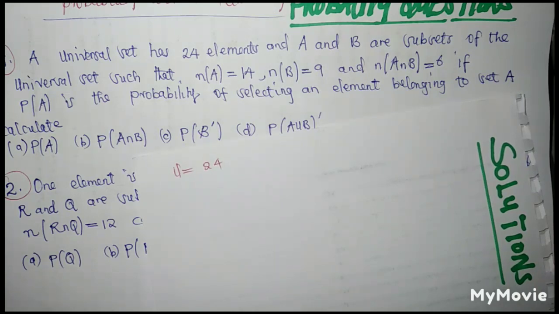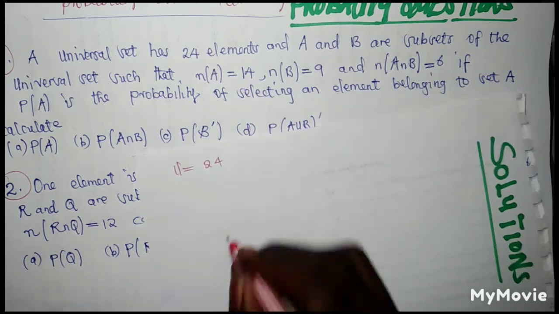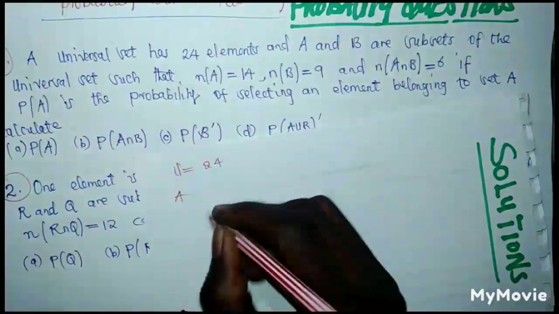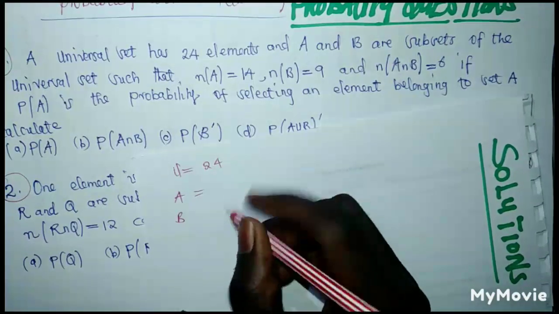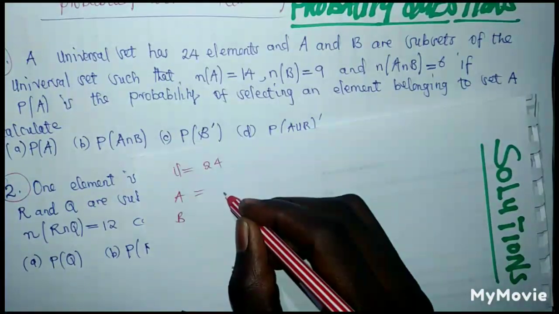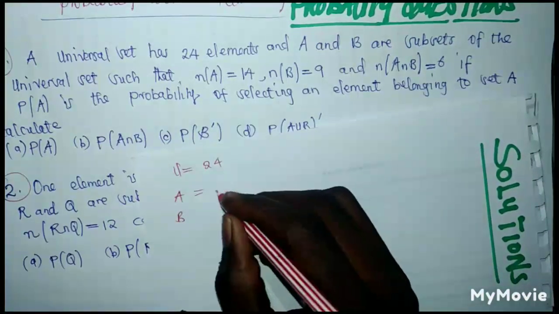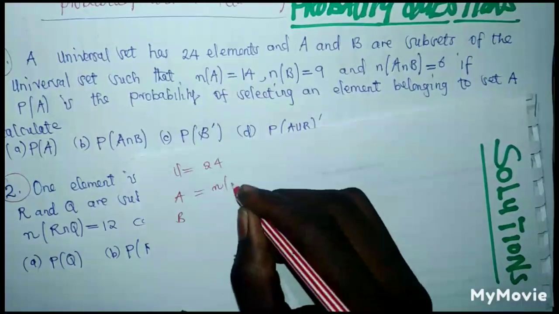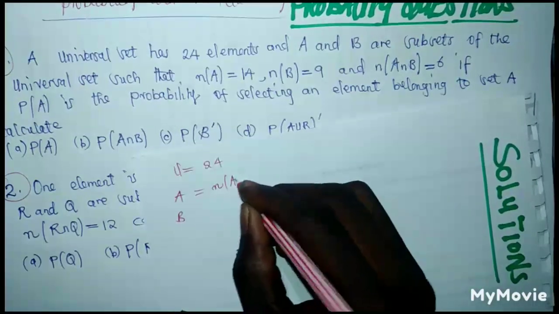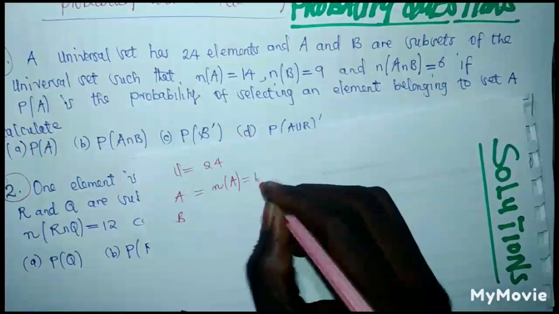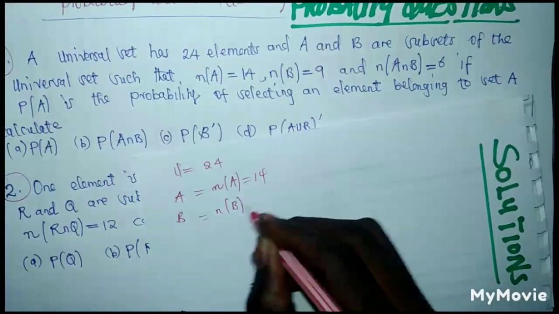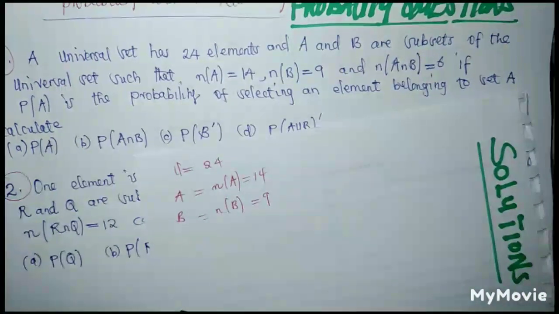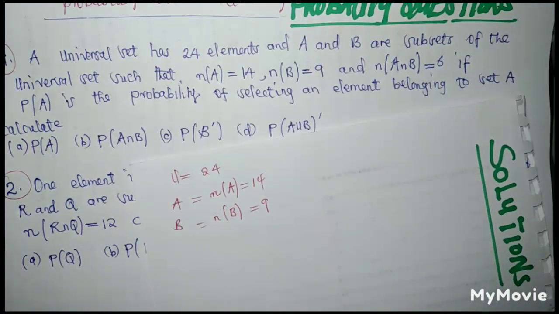And then we are told that A and B are subsets, they are part of the universal set. The number of elements in A is equal to 14. The number of elements in B is equal to 9. Okay, so we have this information.